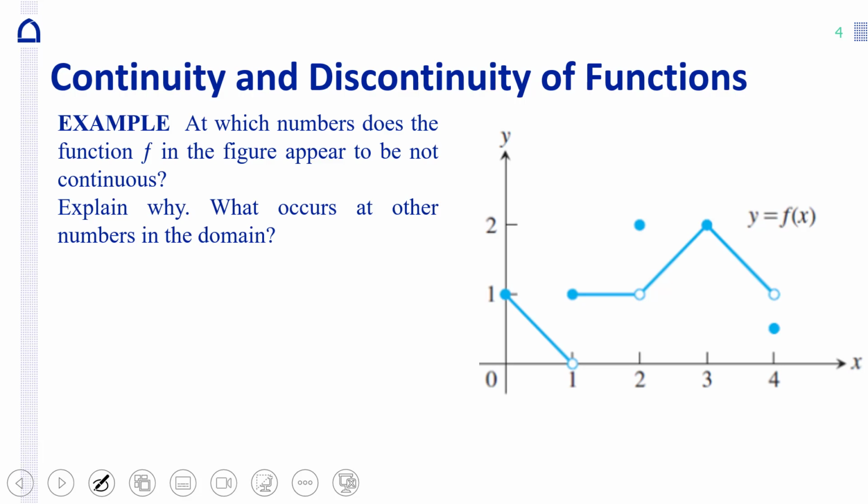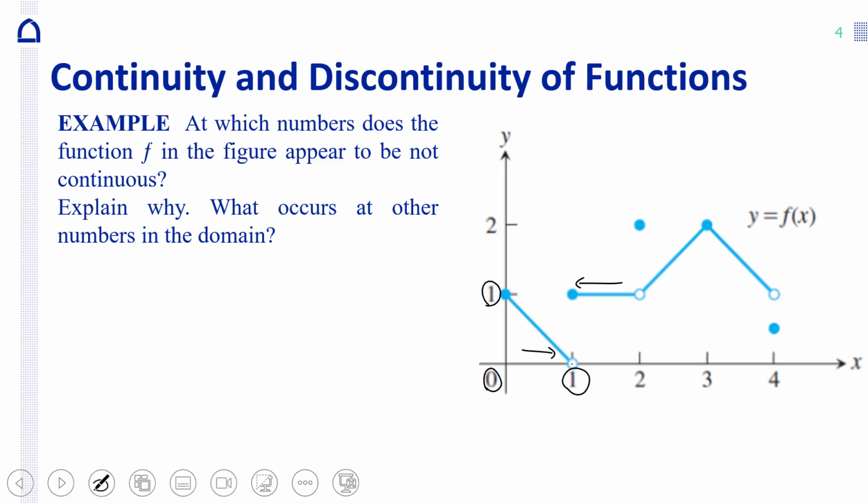Now, if we have a function with such a graph, and we would like to check where the function is continuous or not continuous, and why. We have a problem at x equal to 1: the left limit is 0, the right limit is 1.